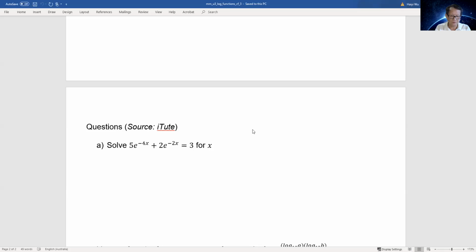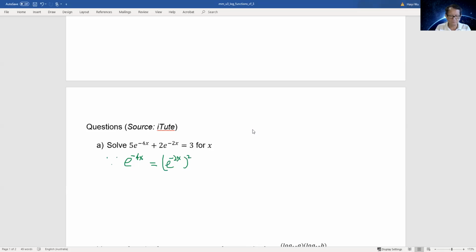So let's have a look at the relationship between e to the power of negative 4x and e to the power of negative 2x. The relationship obviously is square.